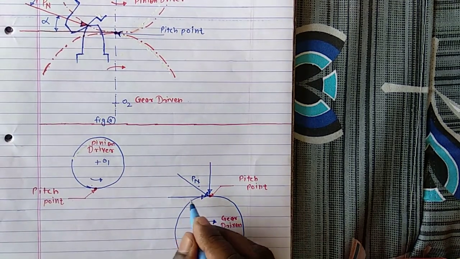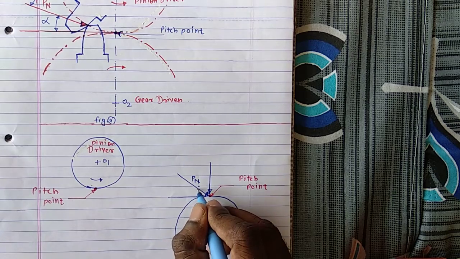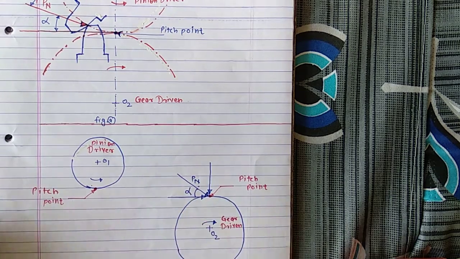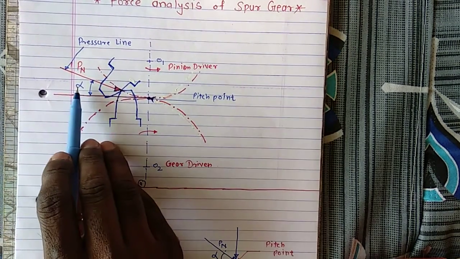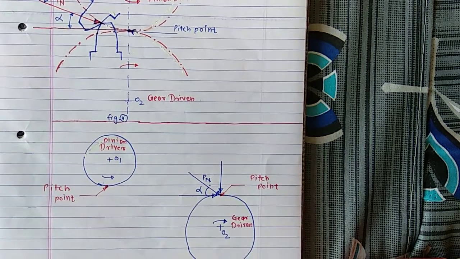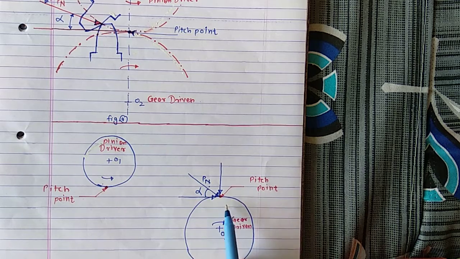The angle between this horizontal line, which is tangent to the pitch circle, and the resultant force acting along the pressure line is alpha, which we have shown earlier. So the force is exerted by the pinion on the gear, the resultant force Pn acting on the gear at the pitch point, and I have considered it in two components, one horizontal and the second vertical.